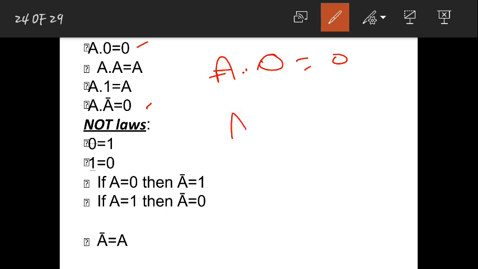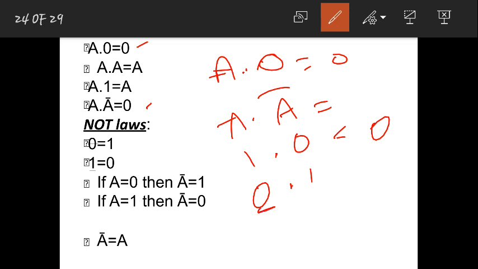And one more is A complement AND A, which is also equal to 0, because if A is equal to 1, definitely the complement will become 0. So 0 into something will become 0, and in case you have taken A as 0, then the complement will be 1. So one input is 0, that means the output is always 0. So even this is verified, both of these are verified now.